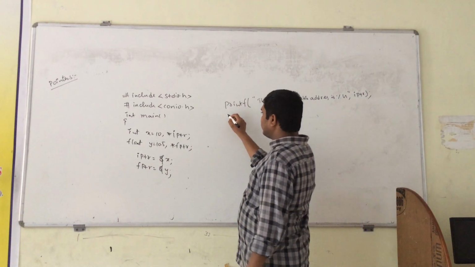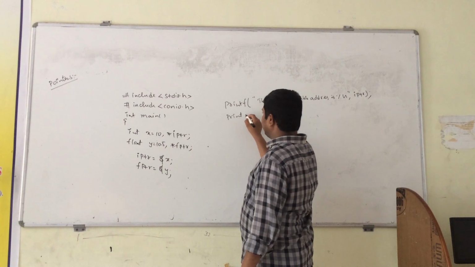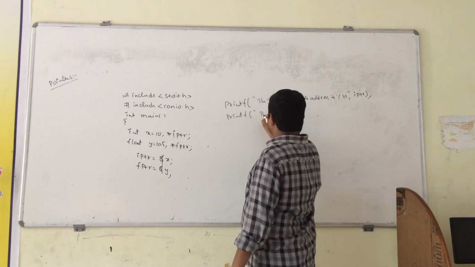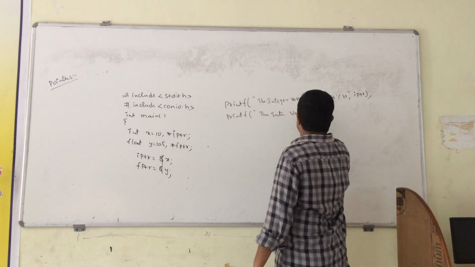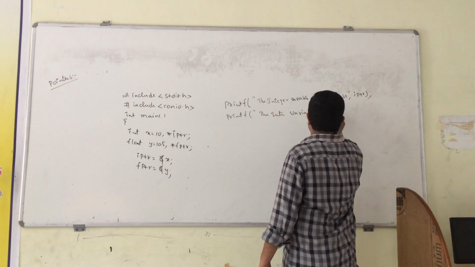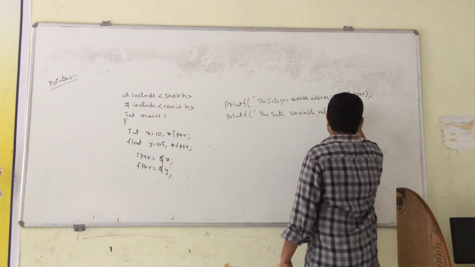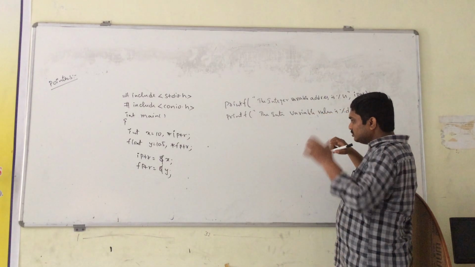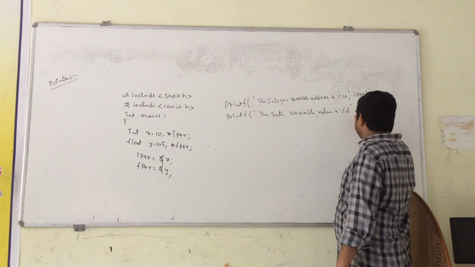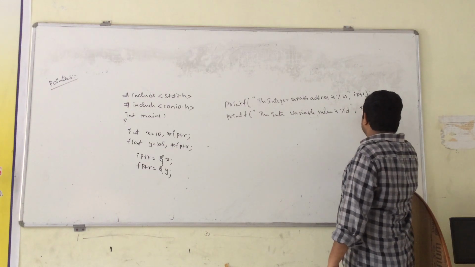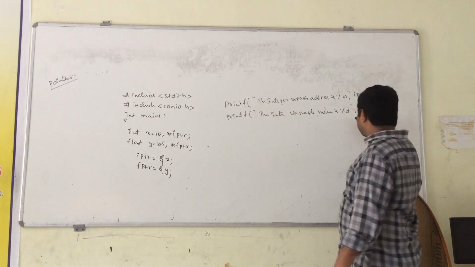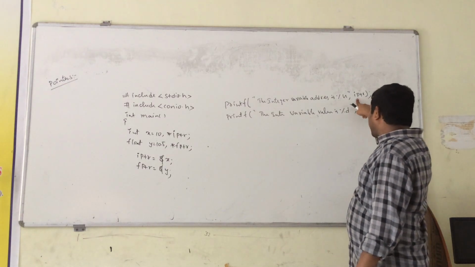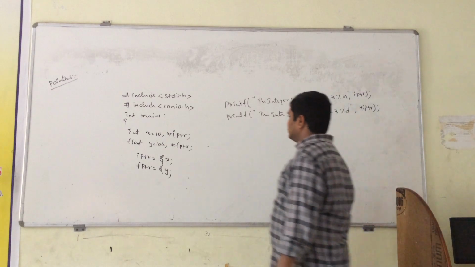Again I want to print the value of x. printf: The integer variable value is %d. The value is the integer value. For this I am using %d, *iptr. *iptr represents the value, iptr represents the address.